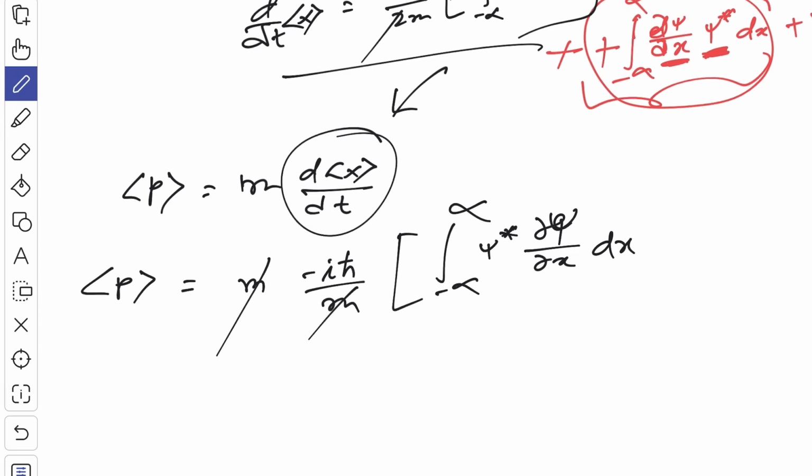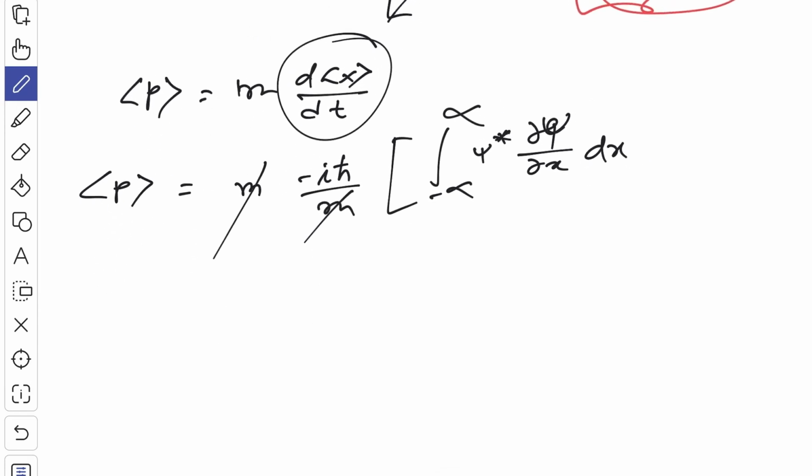So now what we have got here, you can see, you can consider that you have multiplied i with both the numerator and denominator.